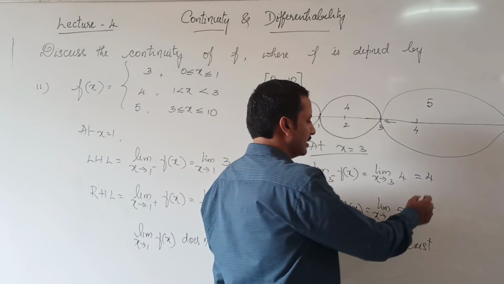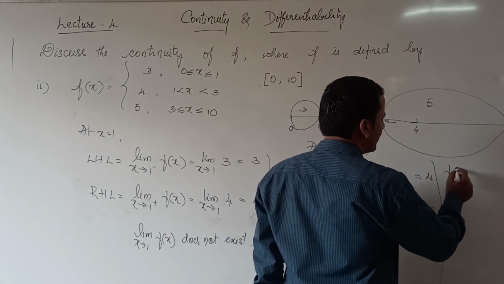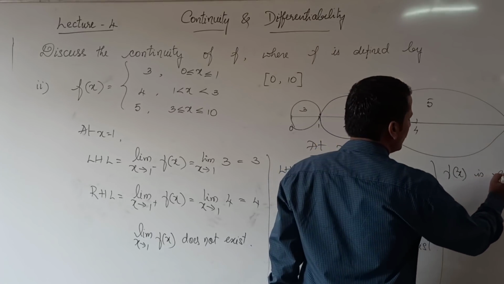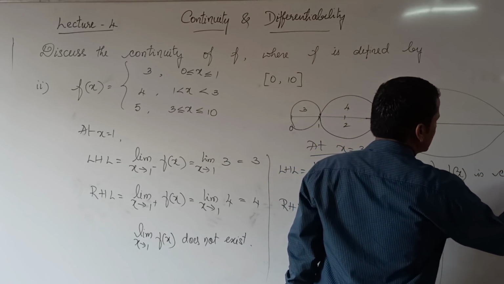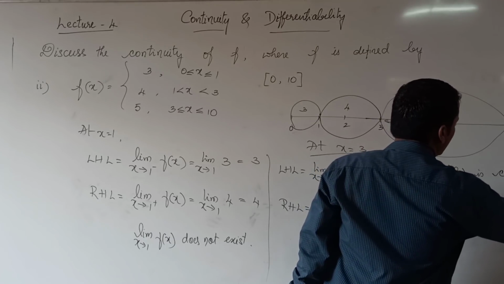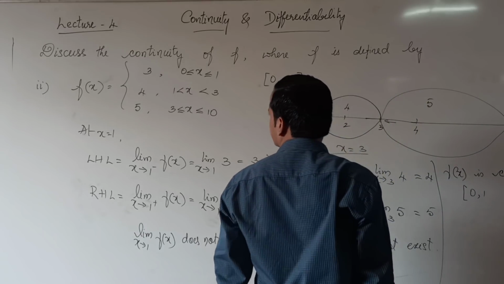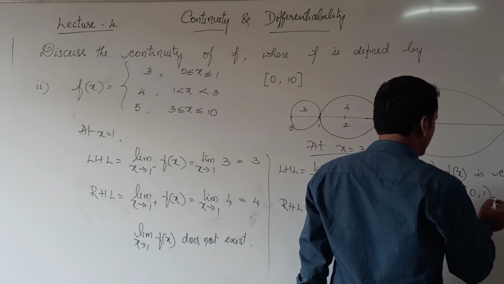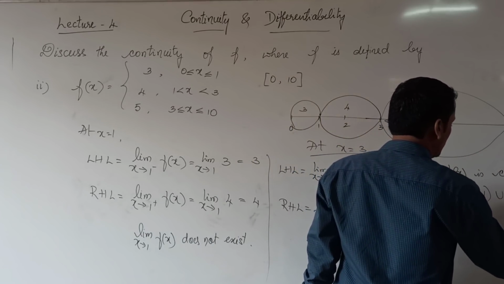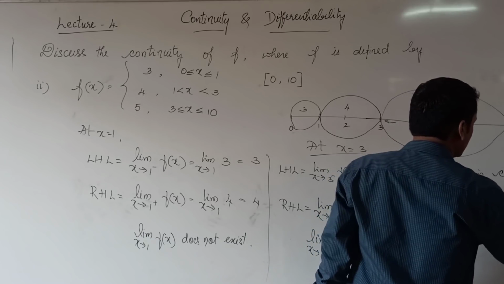So you can write it in this way. f of x is continuous in 0 to 1 union 1 to 3 union 3 to 10.